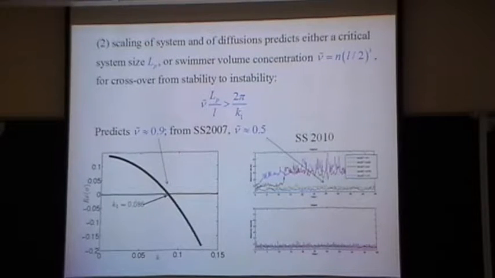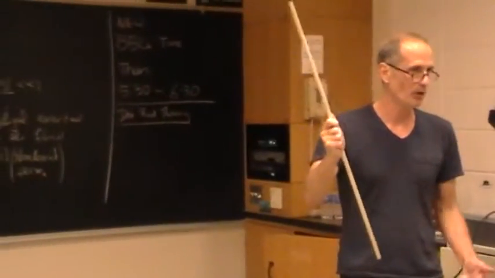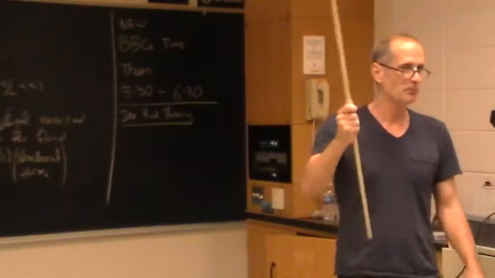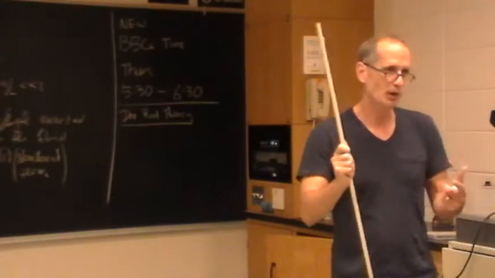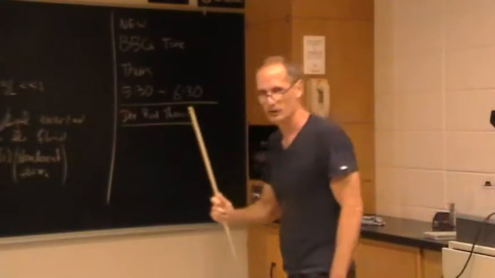So what does that mean? I have a rod swimming around, and I'm looking at the sphere, and it's doing some sort of diffusive behavior on the sphere. That rotational diffusion scales linearly with the volume concentration, which means there's something like pair interactions dictating that. It's not quite pair interactions, but it's going up linearly.